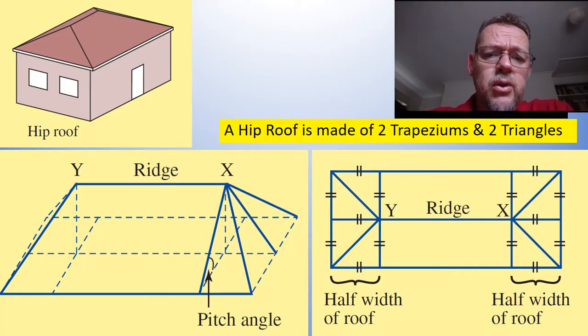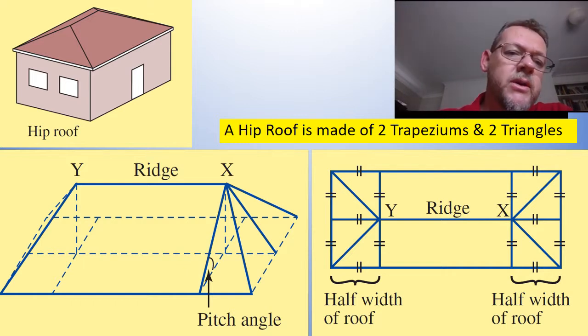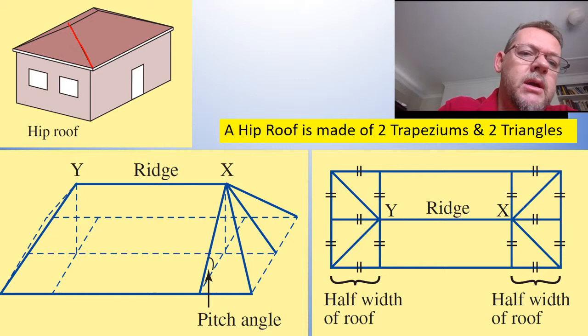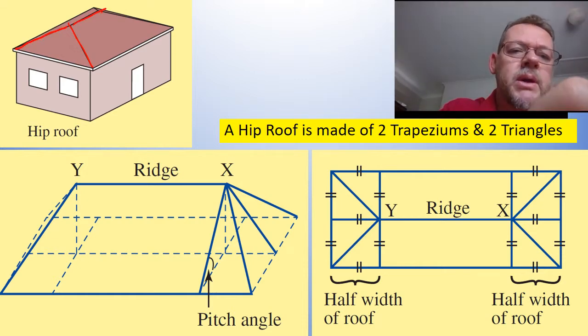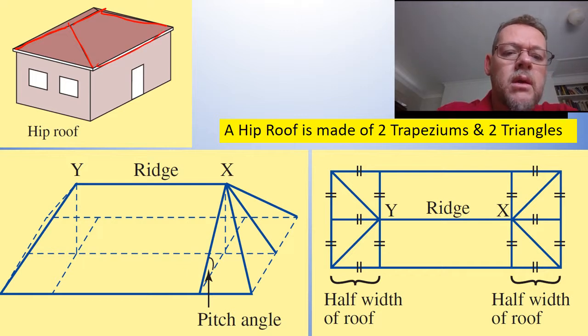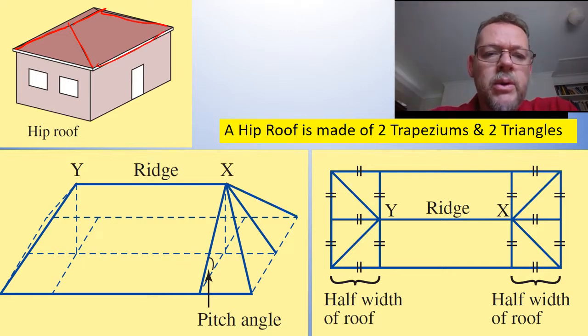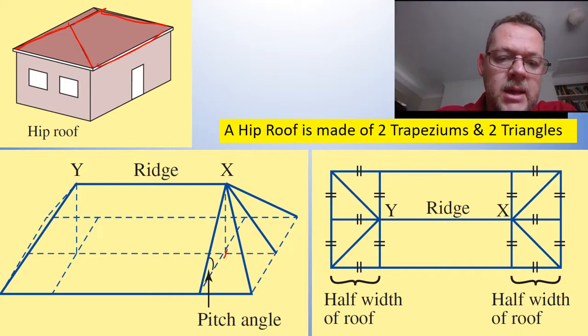Now, a hip roof is a little bit more difficult to consider. Remember I said that we've got a triangle there, a triangle on the other side, and we have these two trapeziums. So first of all, I want to think about the squares here. This shape is a square.